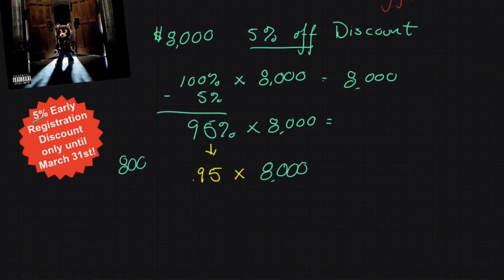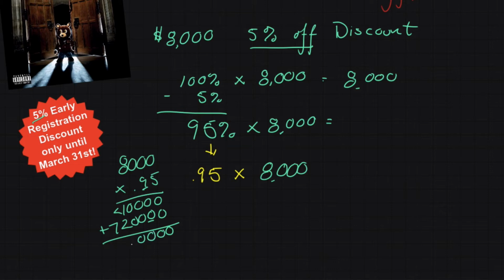I'll write the 8,000, think of this as my scratch paper, times 0.95, and we're going to get a lot of zeros. 5 times 8 is 40, and here I'm multiplying by the tens place, so I need to start in the tens place. I'm going to put a 0 there just to keep the empty space. 9 times 0 is 0, times 0 is 0, times 0 is 0, and 9 times 8 is 72. So when I add these up, I'm going to end up with 0, 0, 0, 0, 6, 7.